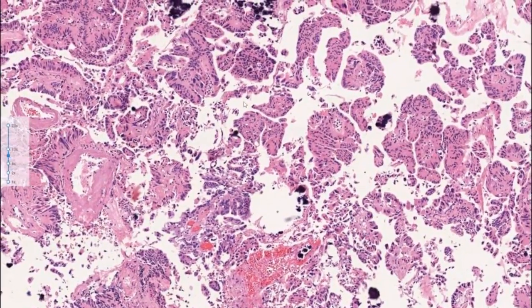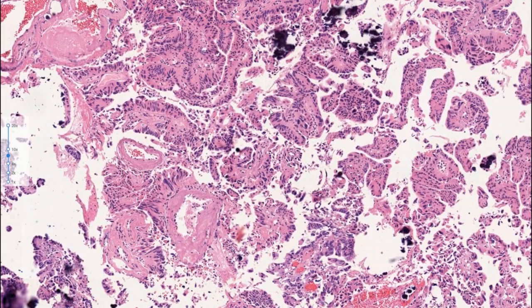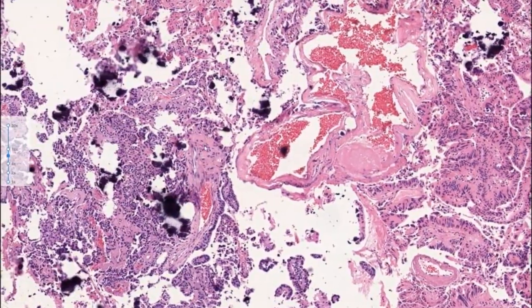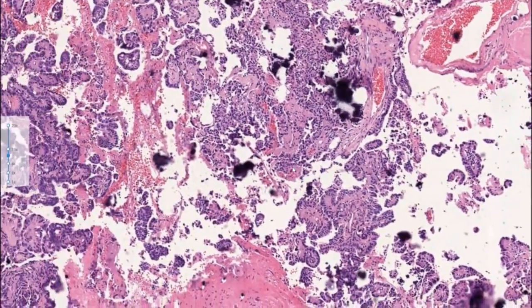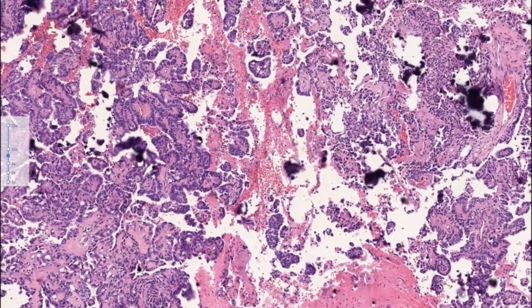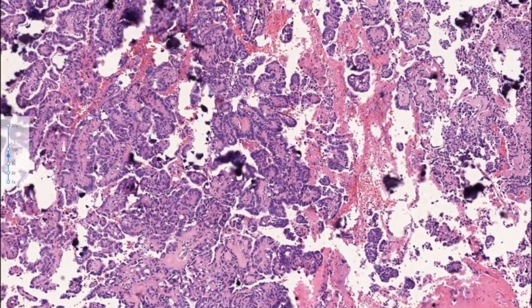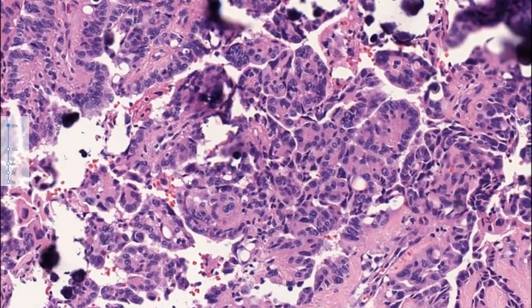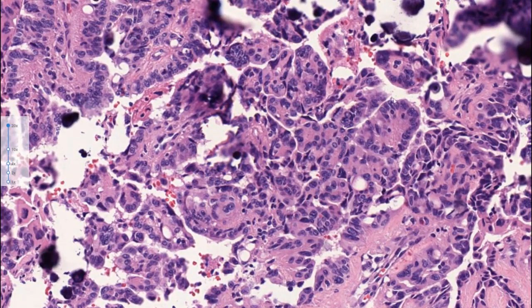There is some cautery or crush artifact, which is not uncommon with these tumors. They tend to be vascular. Occasionally, you may even have embolic material. Not in this case, of course. Papillary and epithelial architecture.